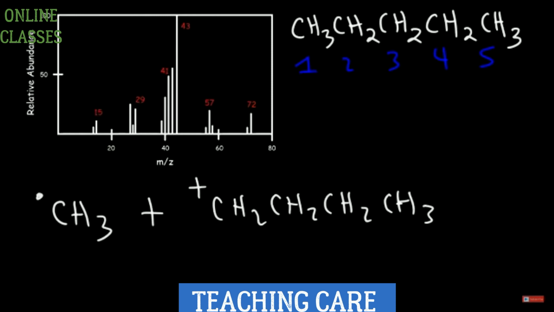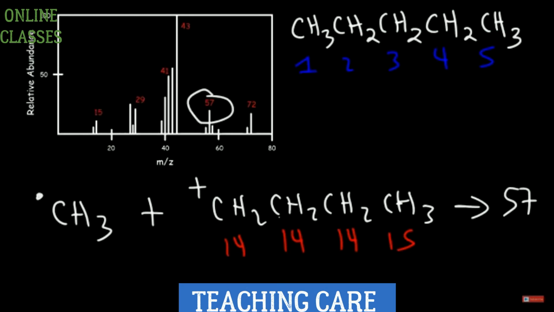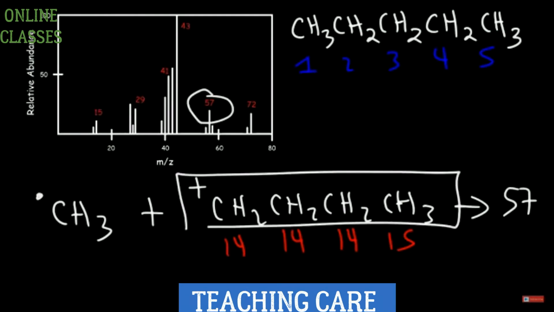Now carbon has an atomic weight of 12 and hydrogen is about 1. So CH3 is 15. CH2 has an atomic weight of 14. And if we add up 14 plus 14 plus 15 plus another 14, this will give us 57. So 57 could correspond to this particular fragment.